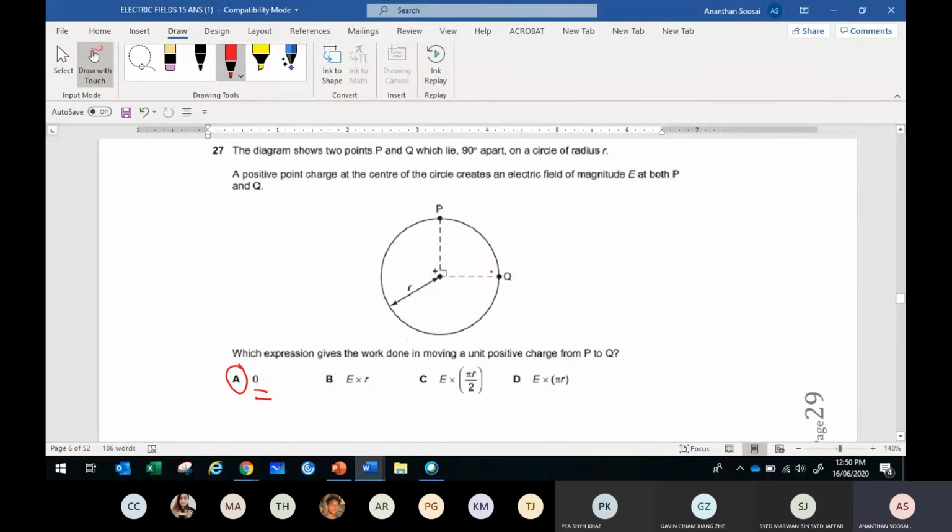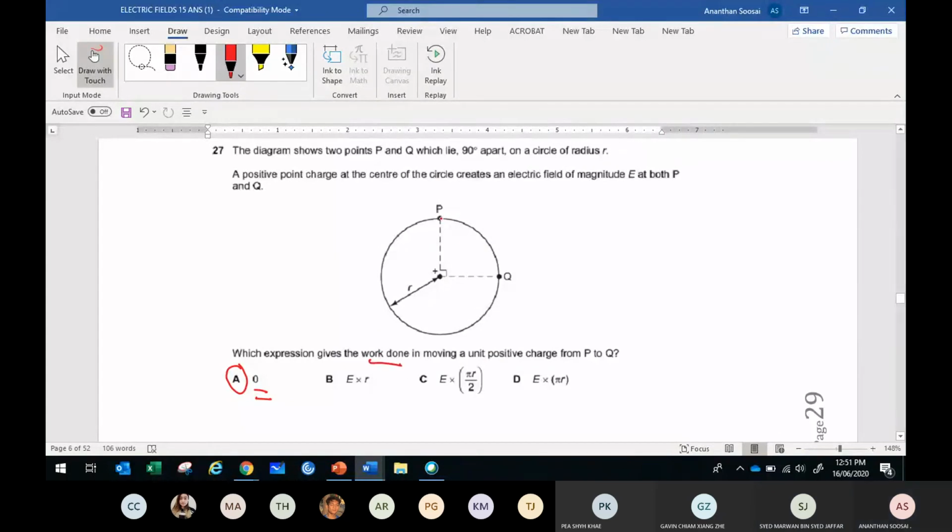Or in other words, a positive point charge at the center of the circle creates an electric field. Which expression gives the work done on a unit positive charge from P to Q? What is the work done?